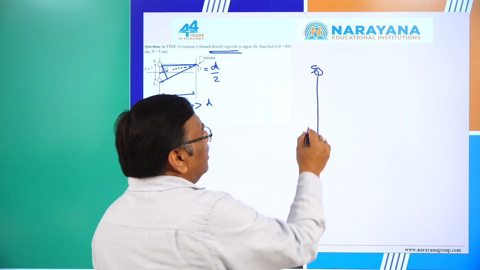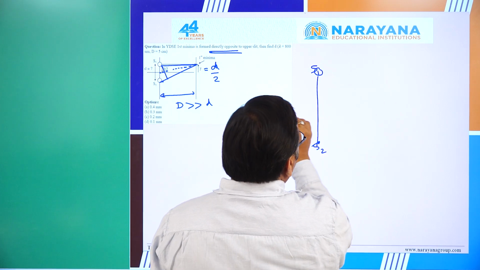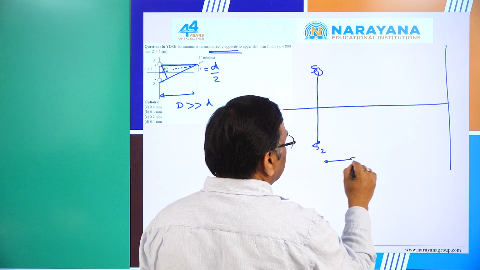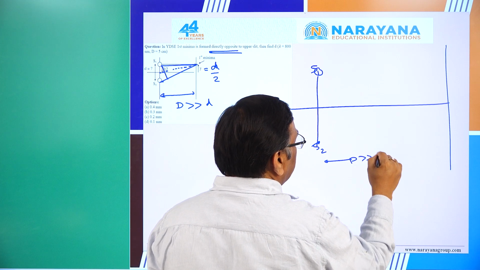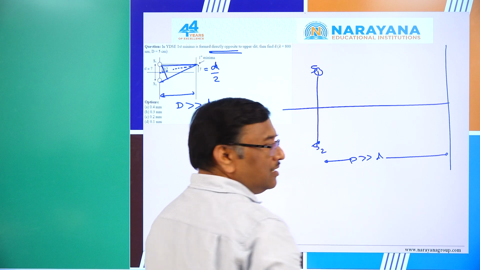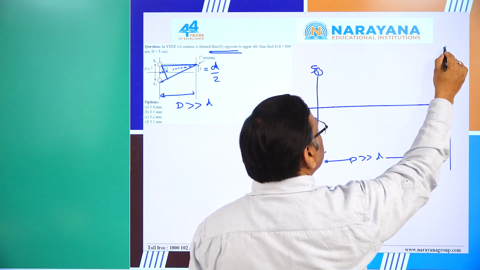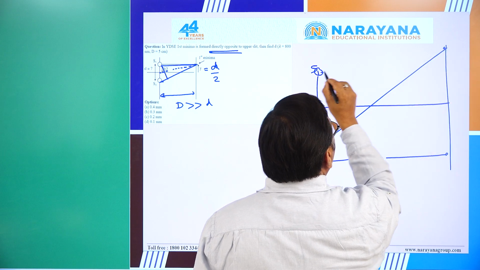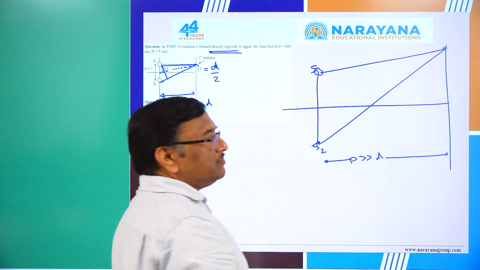If you want to find this, it is going to be large distance, capital D is much larger than a small d in this manner, and if you want to find the path difference somewhere at this point, so what we do, if we have to write this relation.